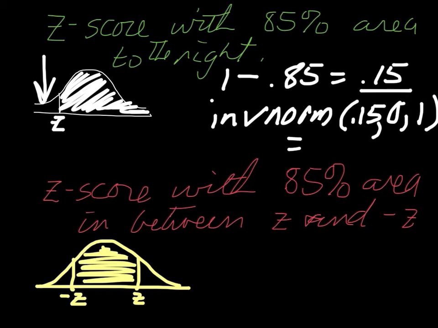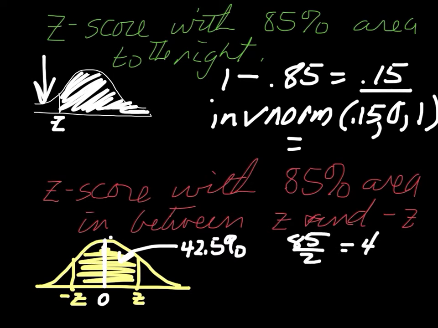On the next one, since 85% is in between, what I am going to do is divide that 85% in half. That means the area in half of it is 42.5% of the area. So I took 85 divided by 2 and got 42.5.